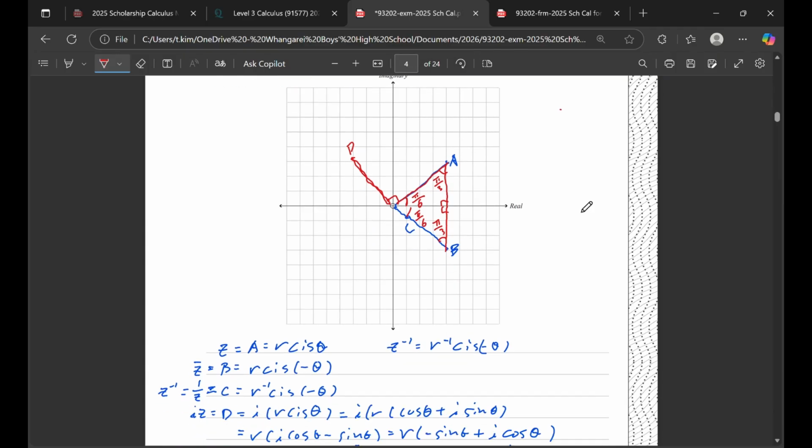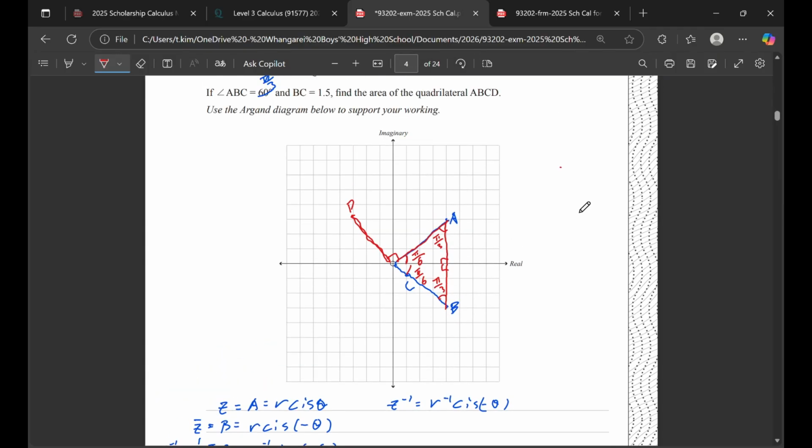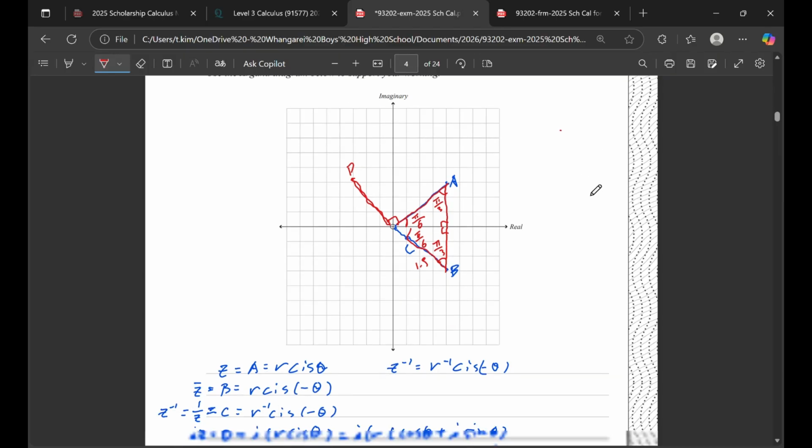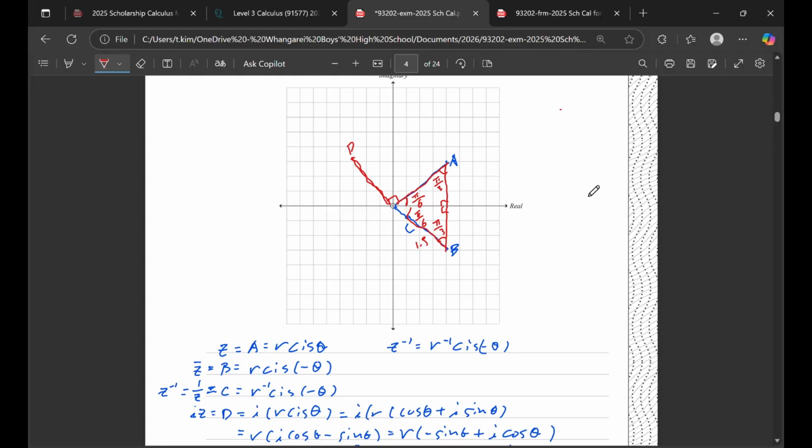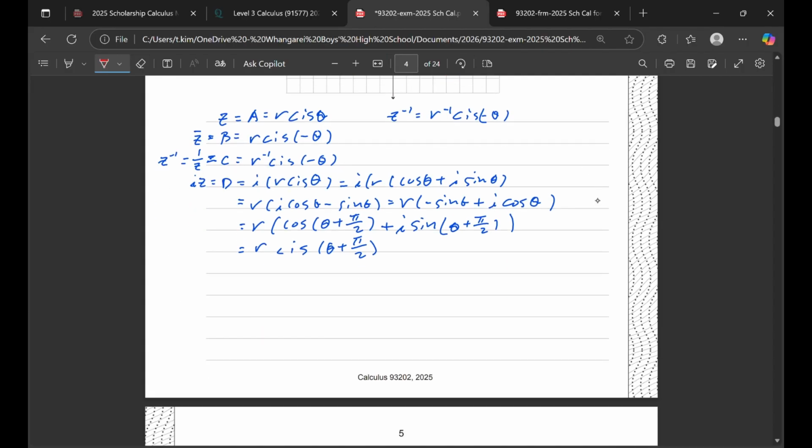Because we know BC, that length is 1.5, we can figure out what r is. We find out what theta is first of all, which I'm going to write down here. So theta equals pi over 6. And then let's find out what r is.